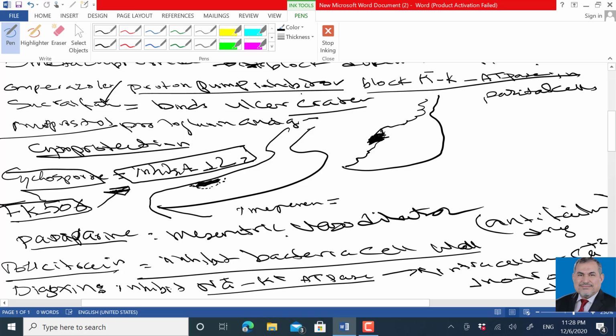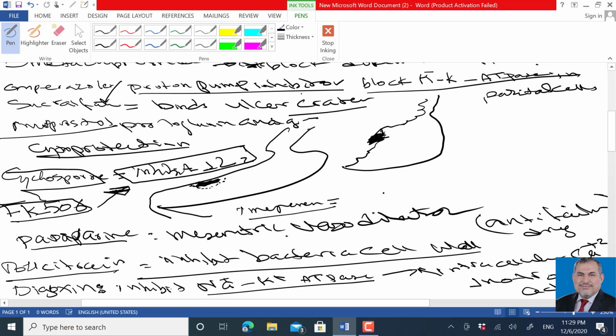Imipenem is an antibiotic. Okay. It binds with penicillin binding proteins and disturbs the cell wall.